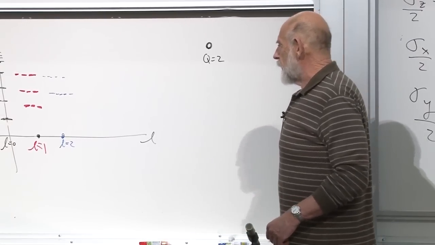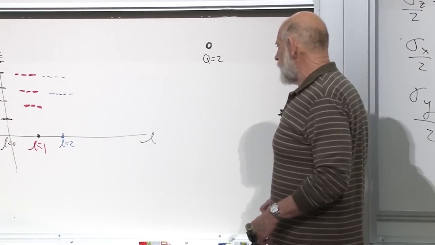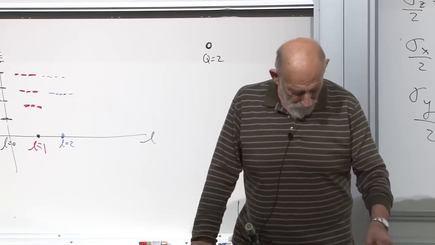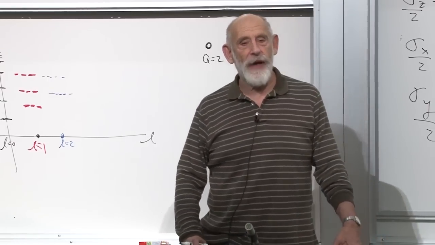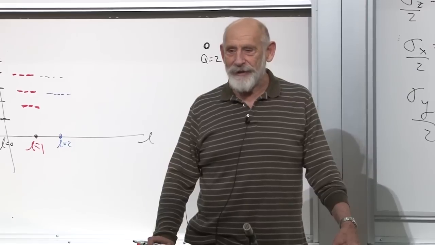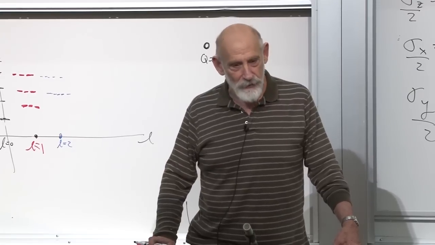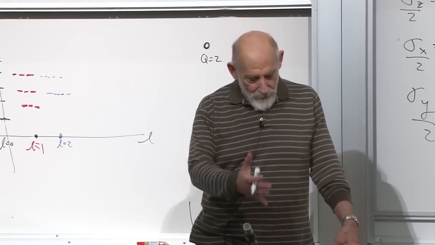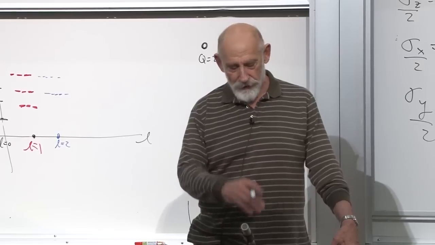That was his basic reasoning. Electron has another property, a two-valued property. Once he knew there was a two-valued property, he was off and going. He invented matrices to describe that two-valued property. And before you know it, he had the Pauli matrices, and he understood the whole thing.